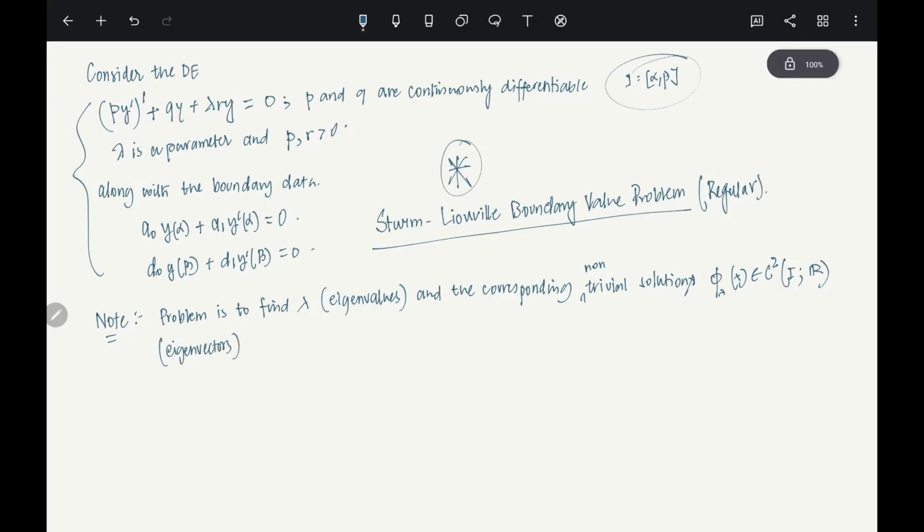Synonymously, I am going to call it eigenvectors or eigenfunctions, whatever. It's not a problem.